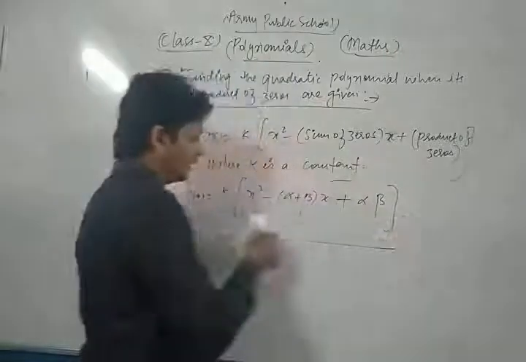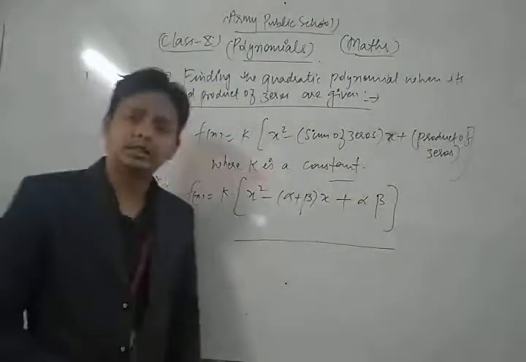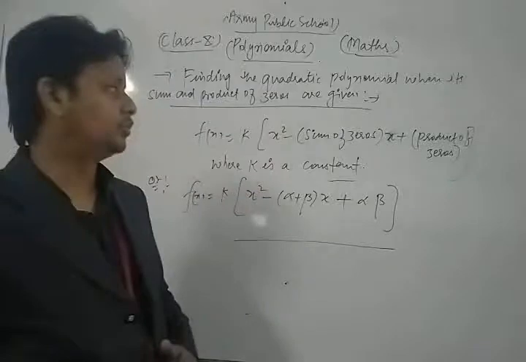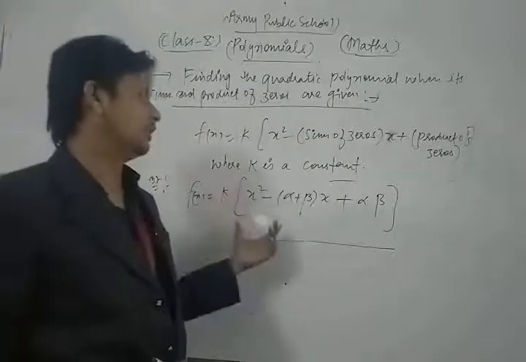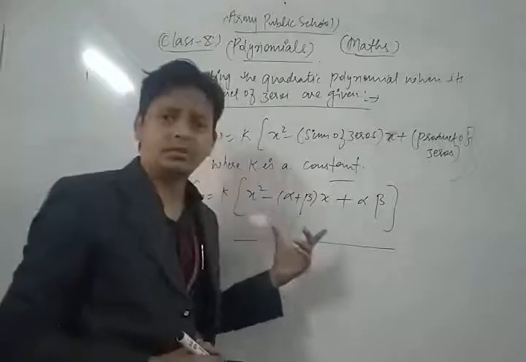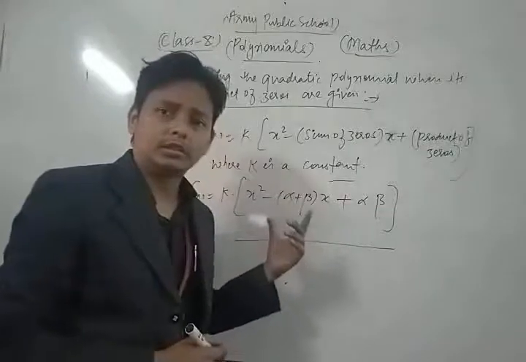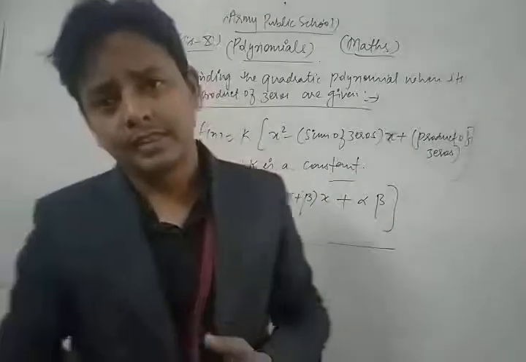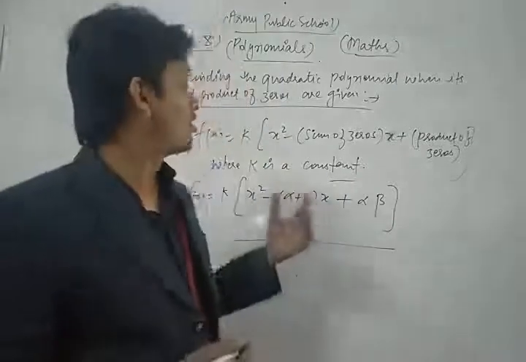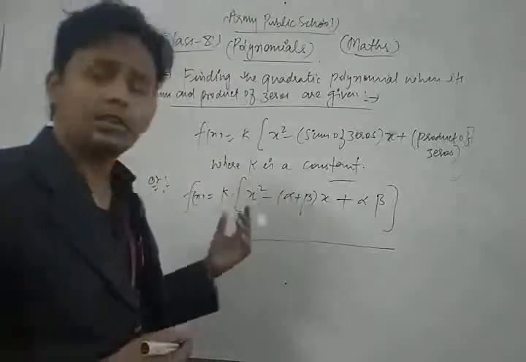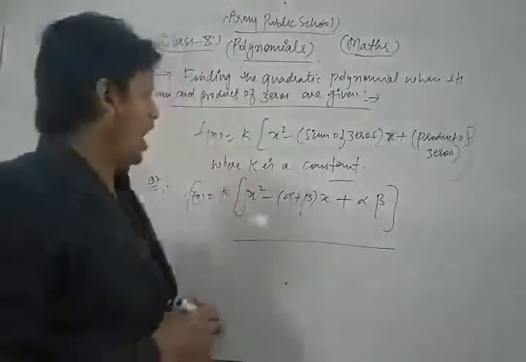So in this way, dear friends, with the help of this formula, we can solve each and every question of your NCERT exercise based on the topic: finding the quadratic polynomial.